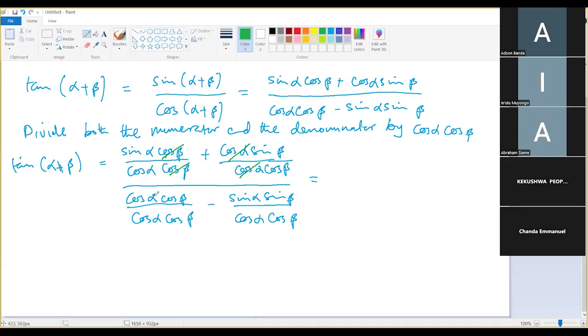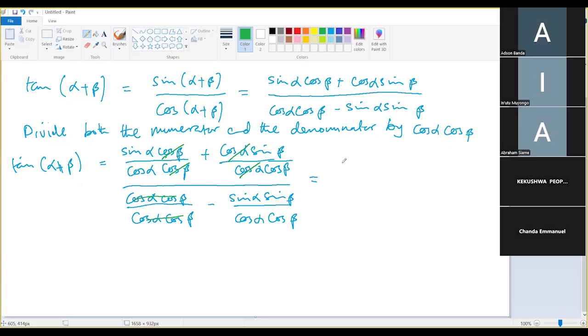Here, of course, these two terms are the same. And then in this term, we have no common factors.